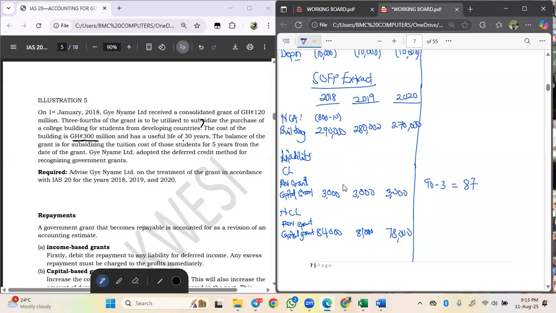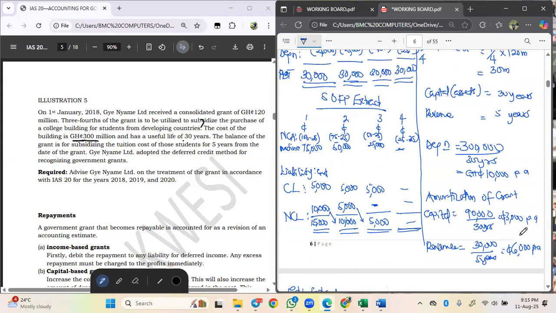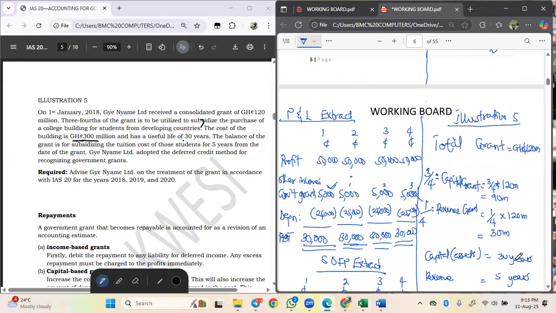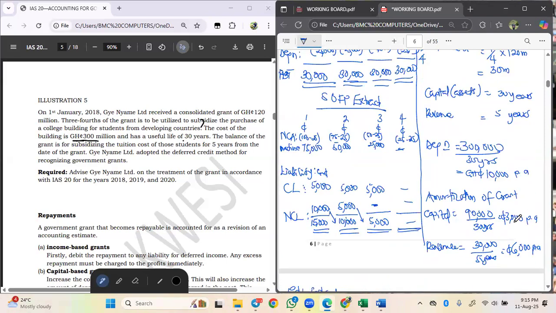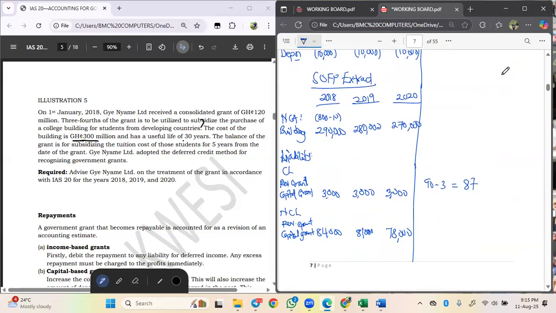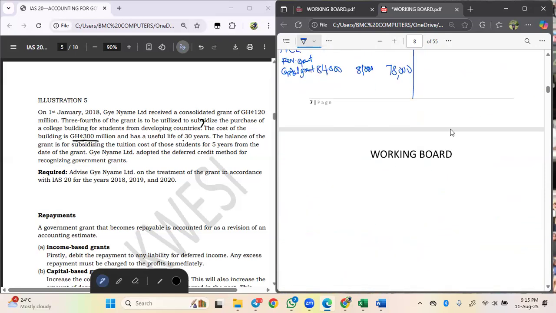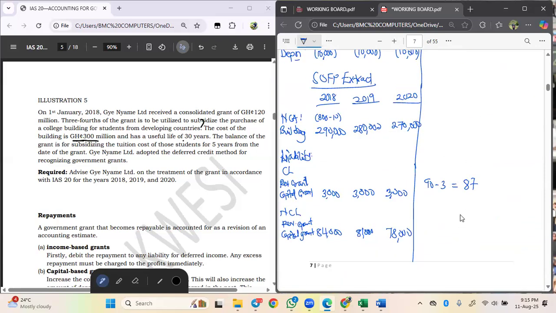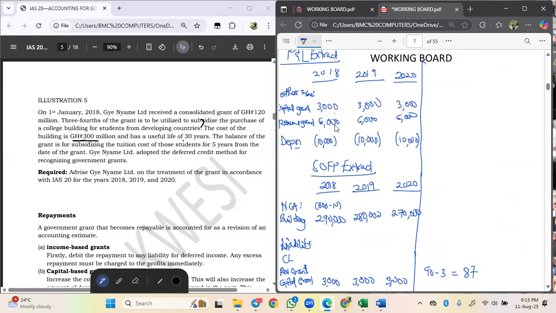The revenue grant was 30,000, and per annum it was 6,000. In year one, it is 30,000, and you've already transferred 6,000 to P&L.